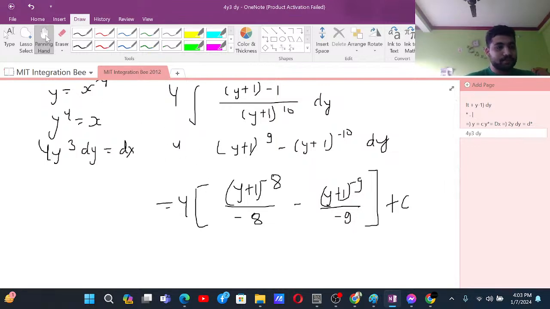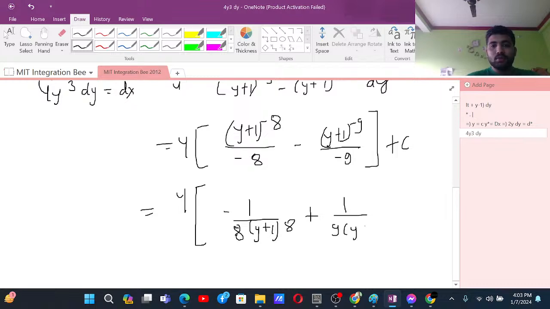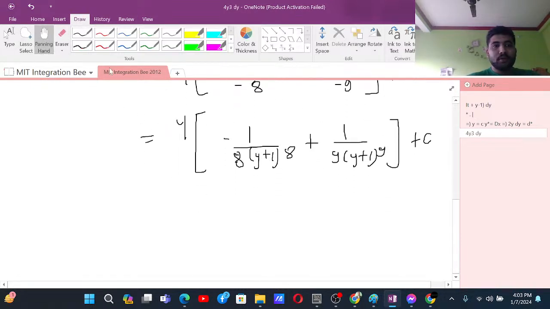And then you can just take the LCM to match with the answer from the answer key. So this will actually be minus 1 by 8 y plus 1 to the power 8, and then plus 1 by 9 y plus 1 to the power 9 plus c. Now if you want to take the LCM, that will be 72.